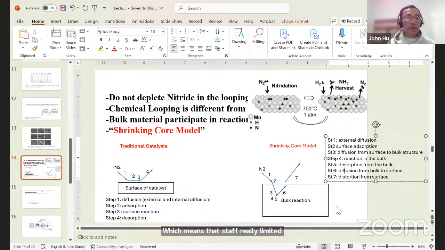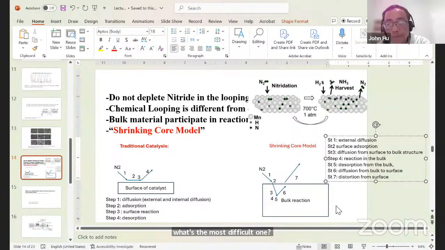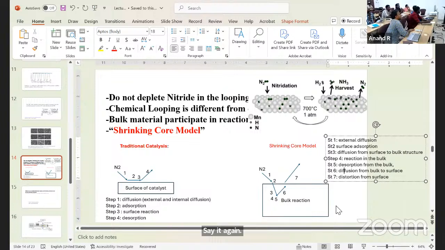Can anybody guess what's the most difficult step? Just look at the process. What's most difficult? Reaction. Reaction in the bulk, sir. Say it again. Before the steps, reaction in the bulk.